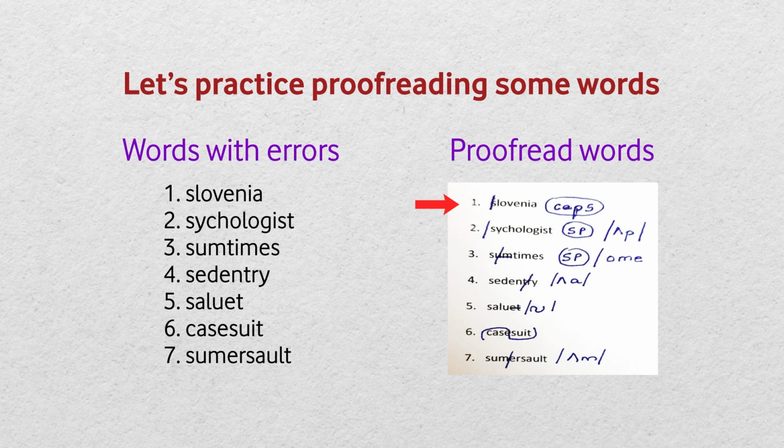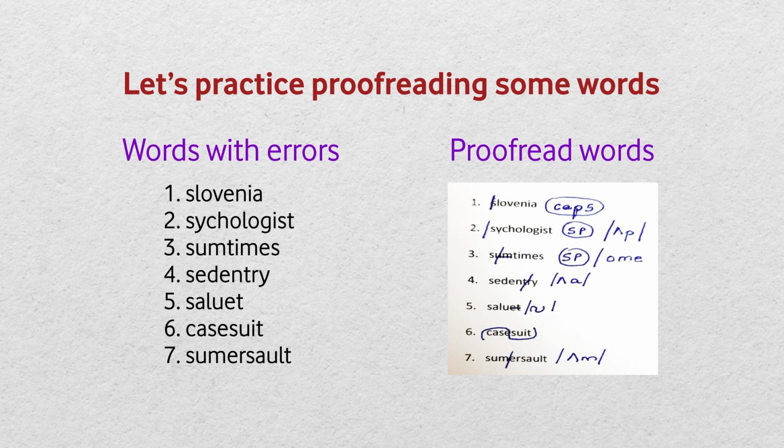And then in the margin, I have written the word CAPS in lowercase and circled it. Once the publisher looks at this, the publisher will know that the lowercase s has to be replaced by a capital S. And then Slovenia will be spelled as it should be.